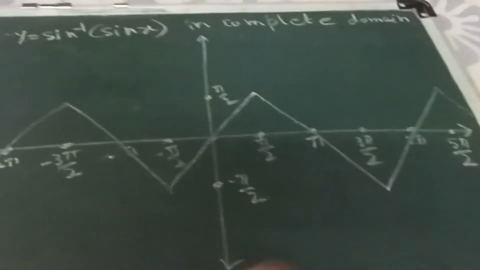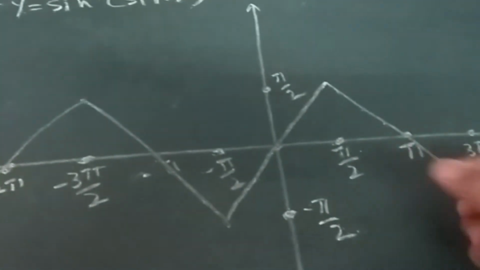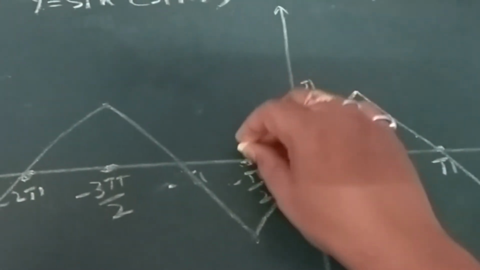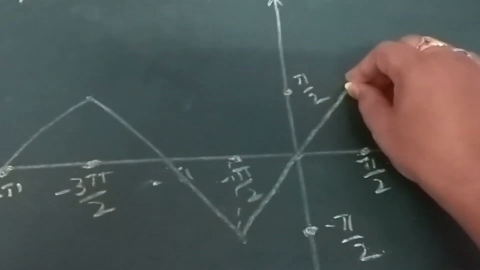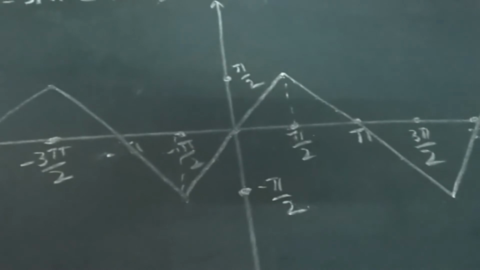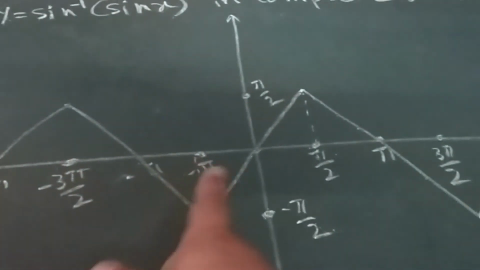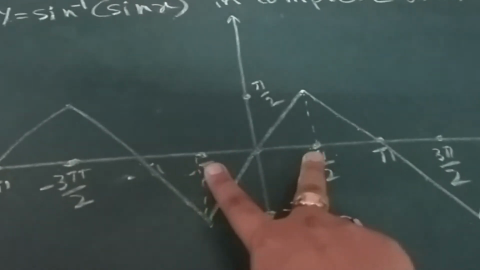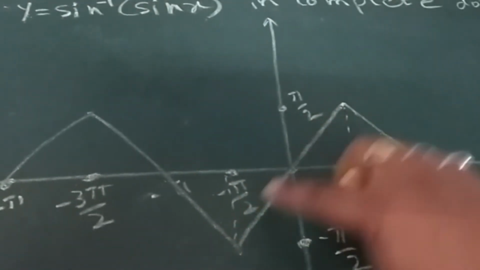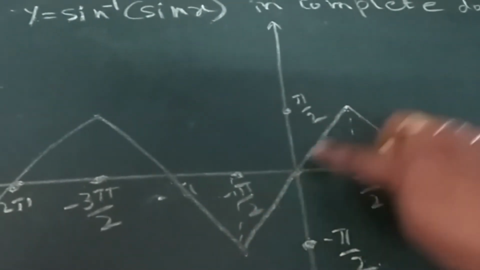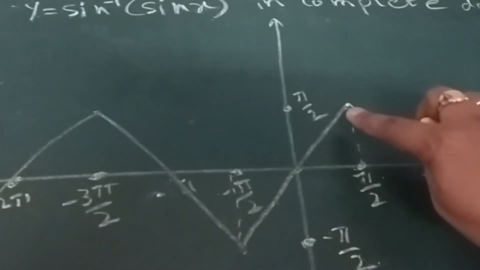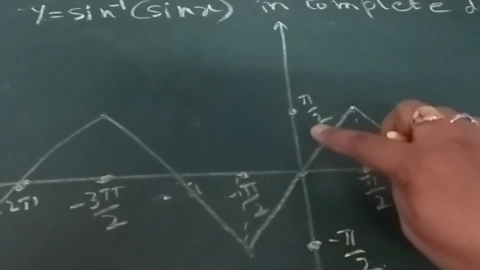Now see this part only, from minus pi by 2 to plus pi by 2. Here the graph is y equal to x. This is the graph of the identity function, y equal to x: x 0, y 0, x 1, y 1, like that.